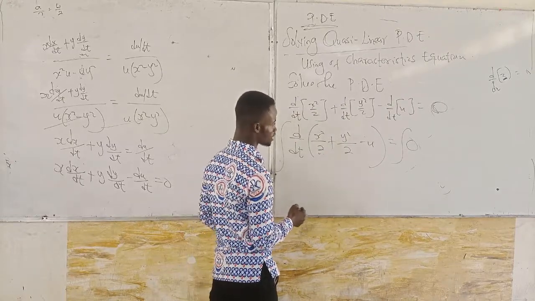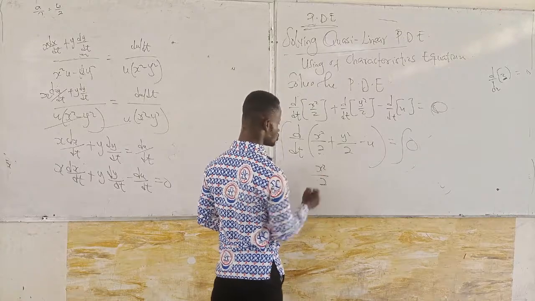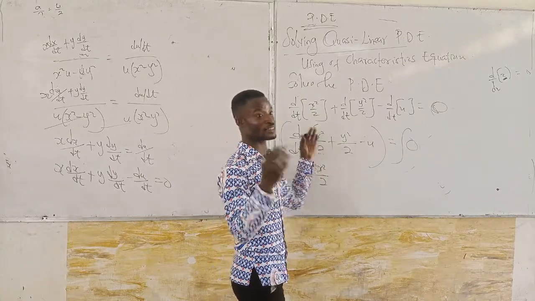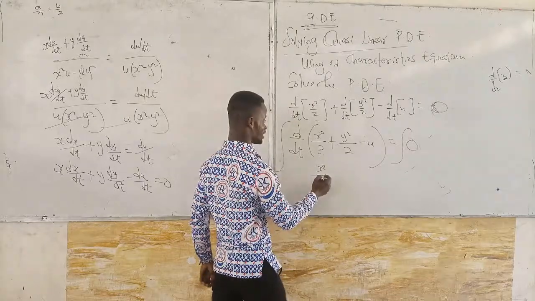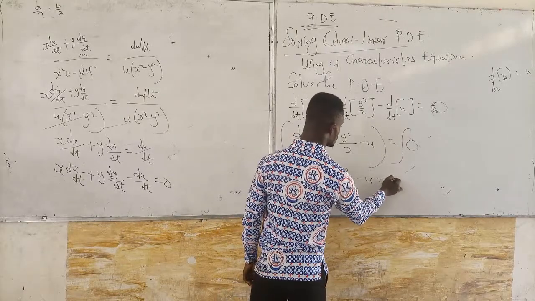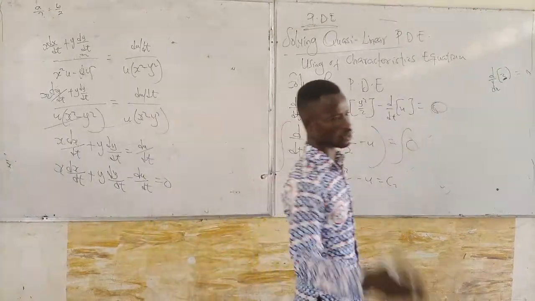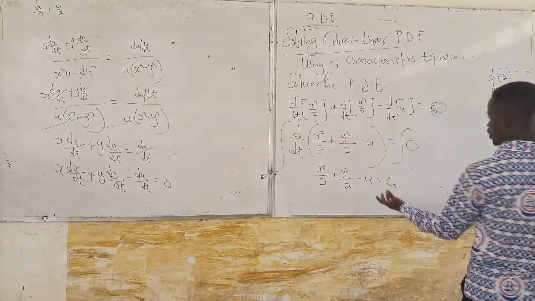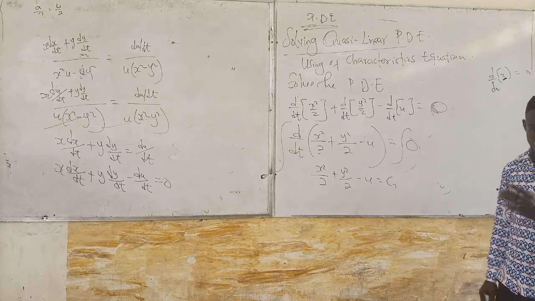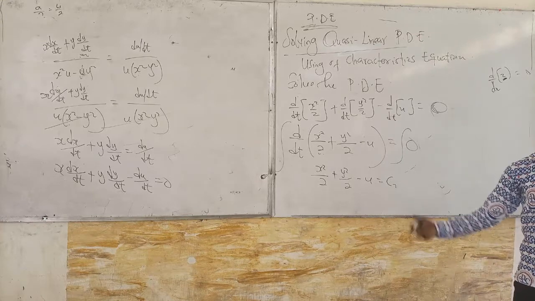So what am I going to get? X squared over 2, y squared over 2 minus u is equal to C2. We can simplify this function.